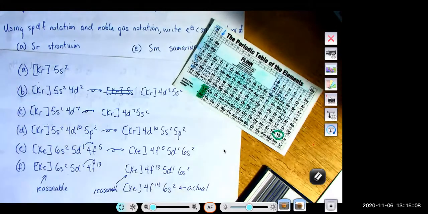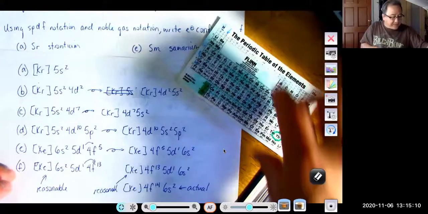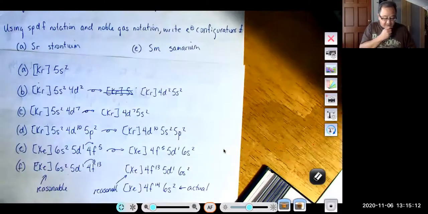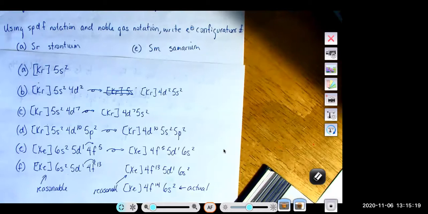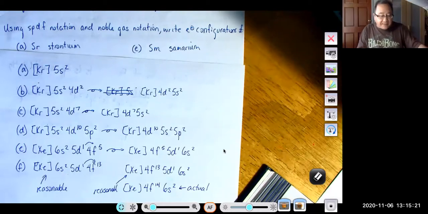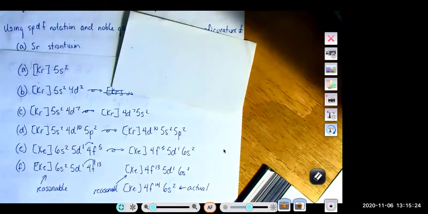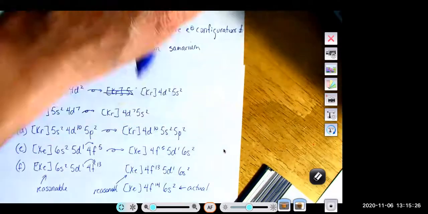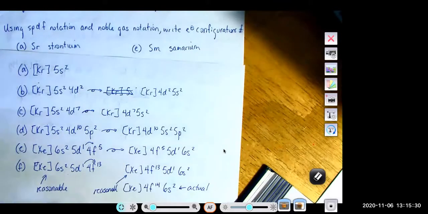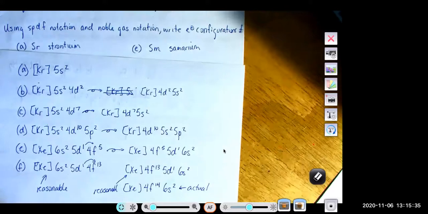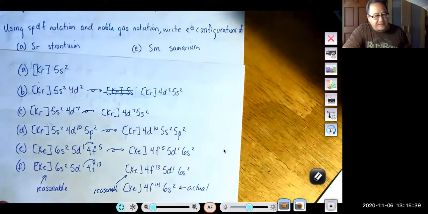I don't think it's the case for samarium, but let's see. Yep, samarium does the same thing. That does make more sense, because the 5d is the only one alone, and then we jump to the 4f.